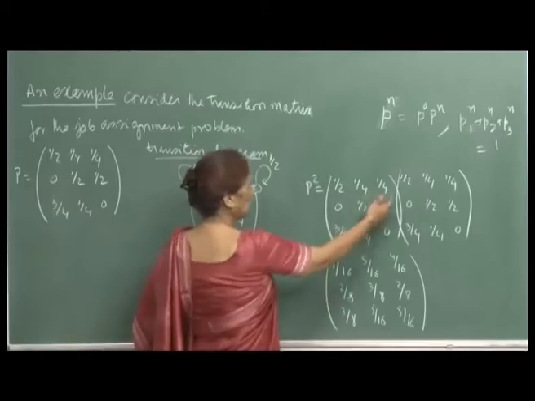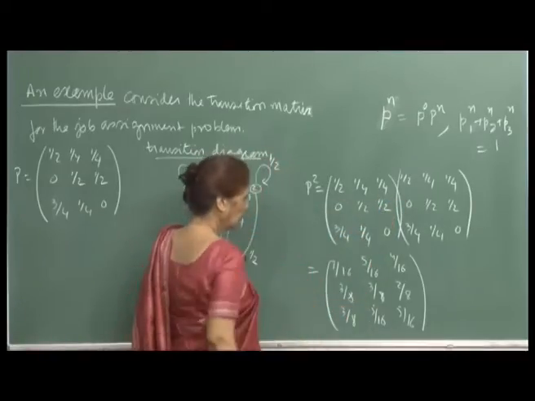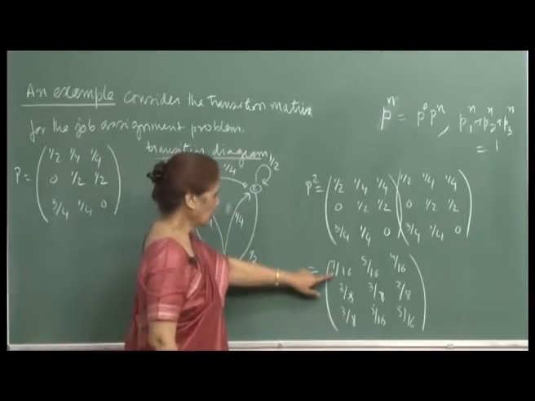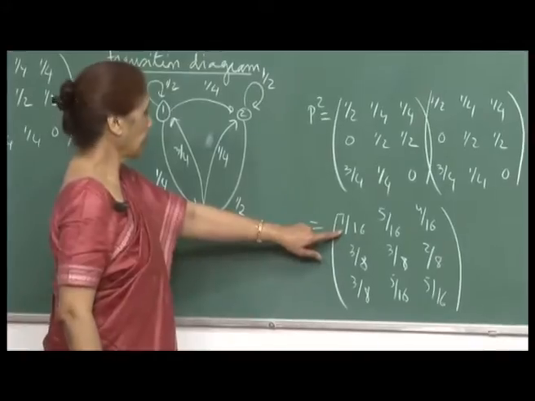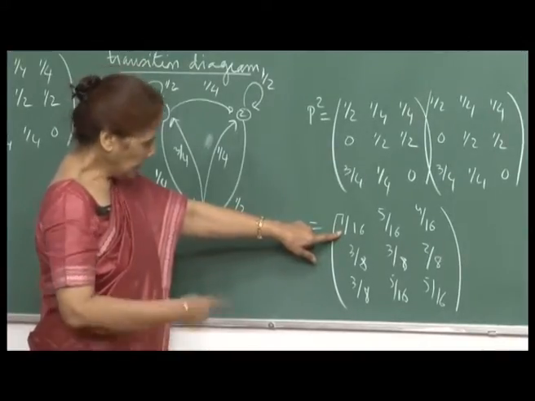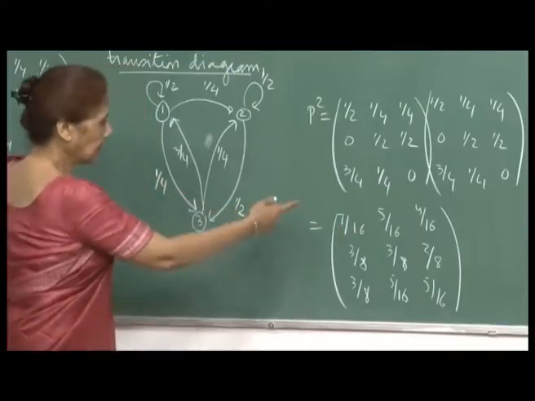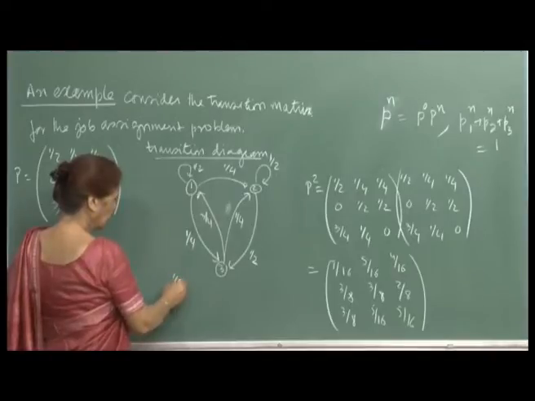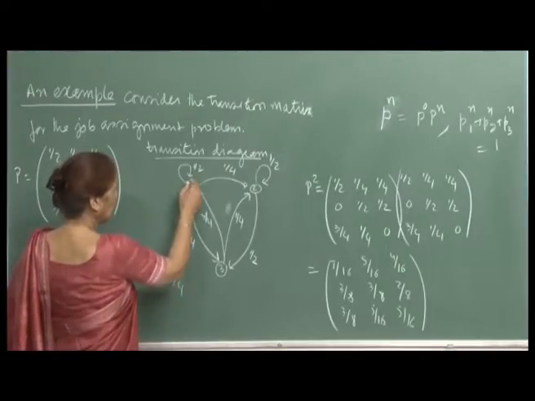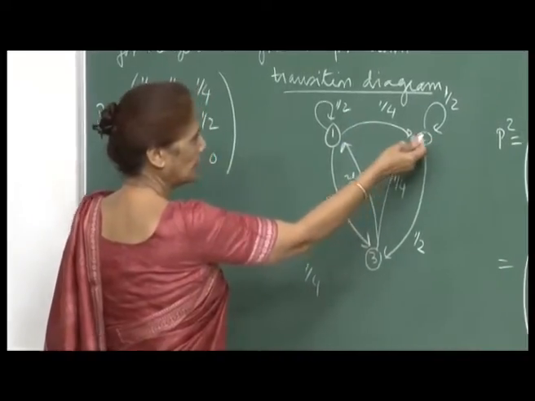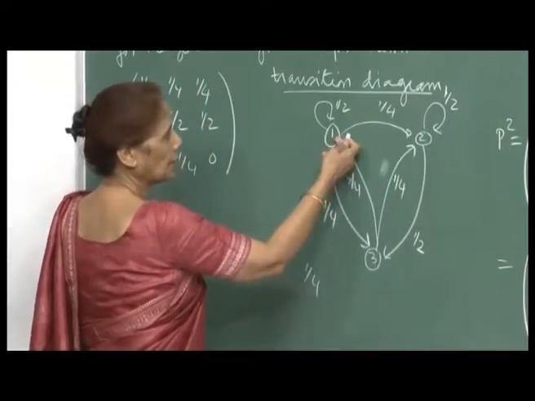So, I multiply P with P and I get these numbers. For example, here you can transition from 1 to 1 in 2 steps. On the path, it will be 1 by 4 this, plus, you can't go to 2 in a 2 step transition, because then you can't come back to 1.